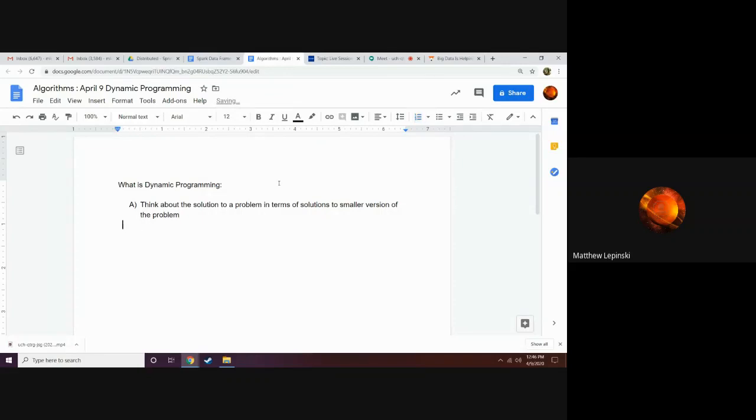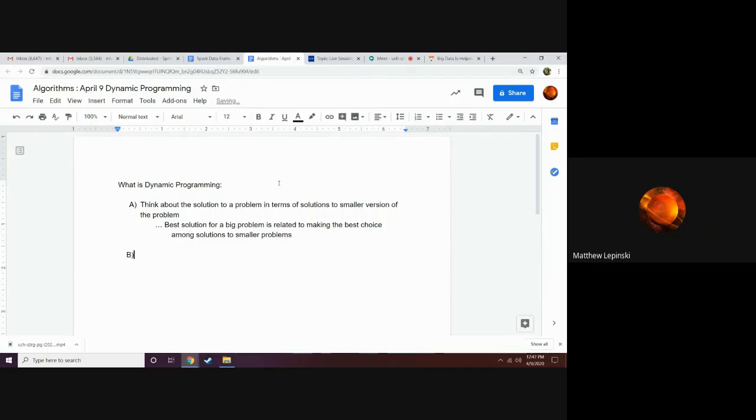This will be more clear once I give an example. Dynamic programming works when the best solution for a big problem is related to making the best choice among solutions to smaller problems.